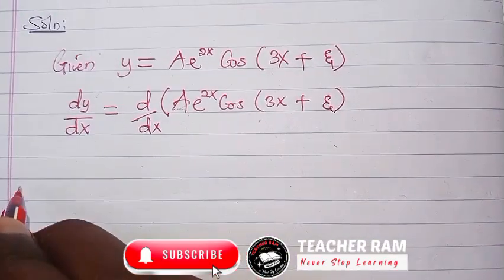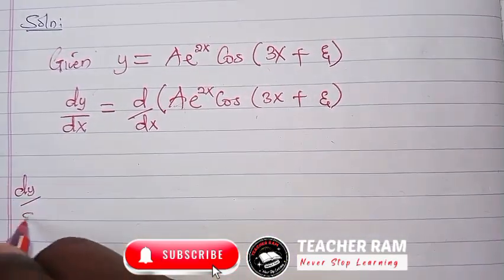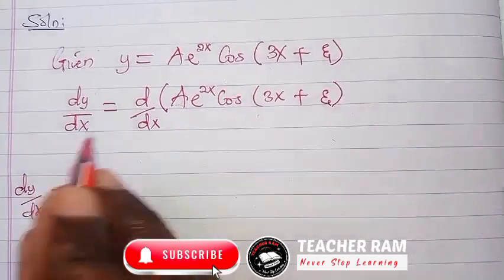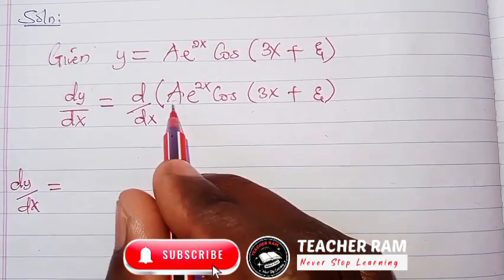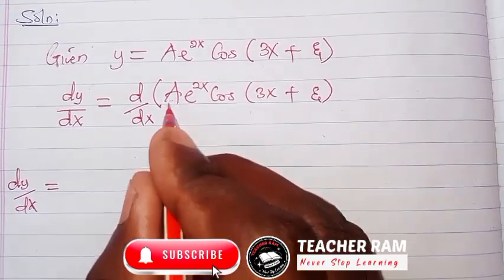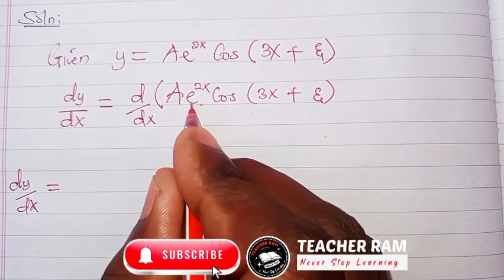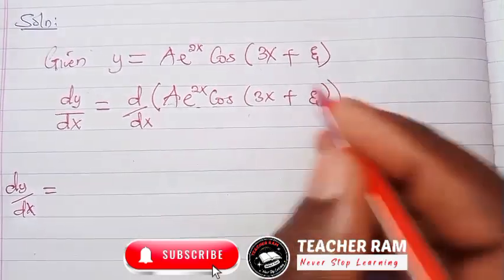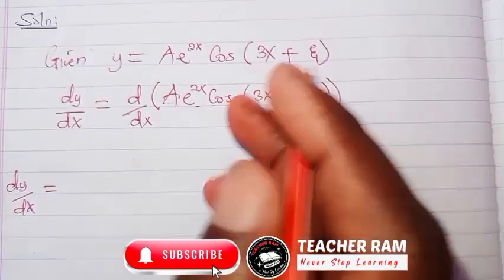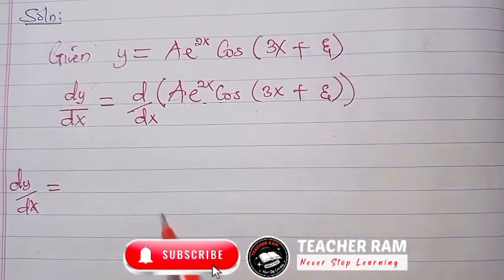Remember that this is a product. We have the product of the first function, the exponential function, and a trig function, so we are going to use the product rule.